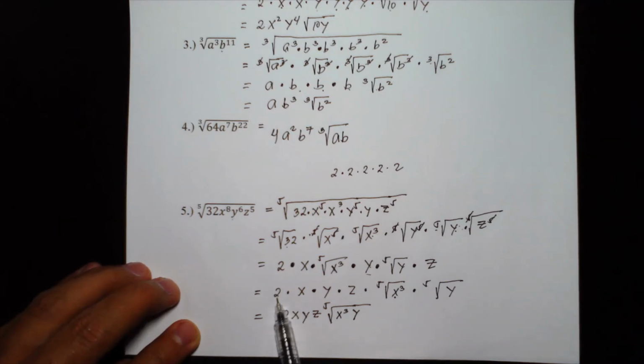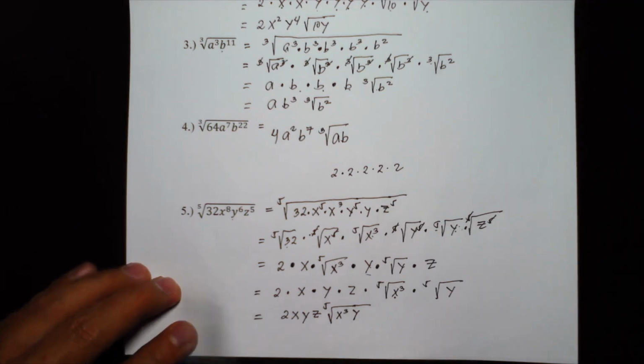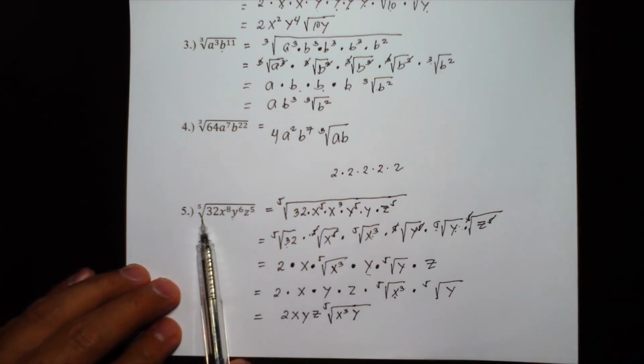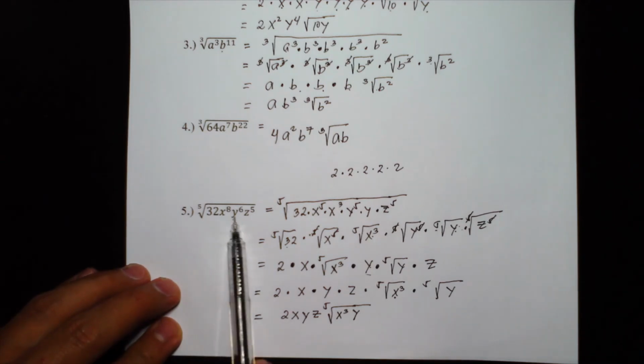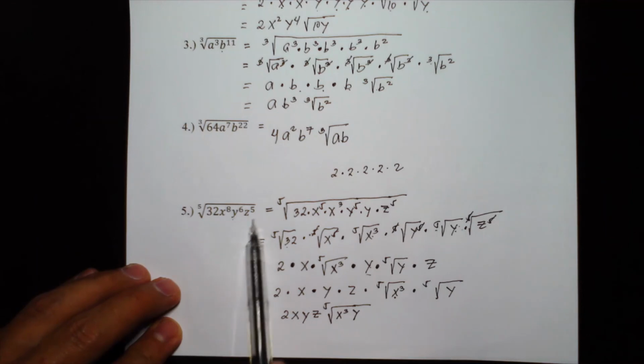We multiply this one, 2 times x times y times z, that will be 2xyz. Then I multiply the fifth root of x cubed times the fifth root of y. The product will be fifth root of x cubed multiplied by y. So that is the simplified form of the fifth root of 32 x raised to 8 y raised to 6 and z raised to 5.